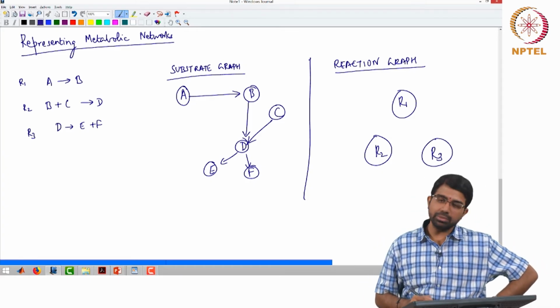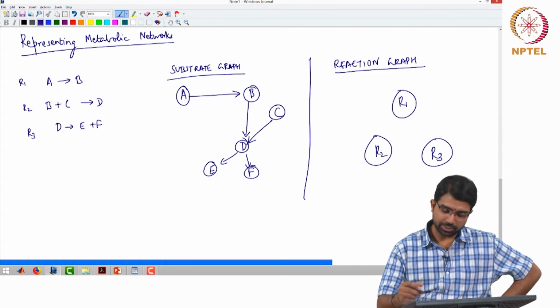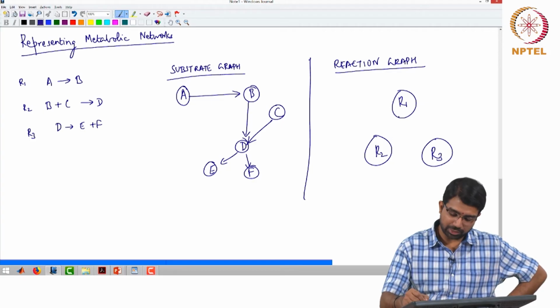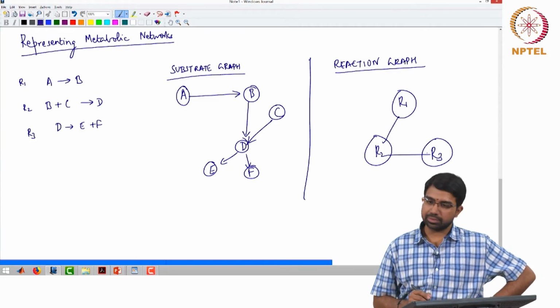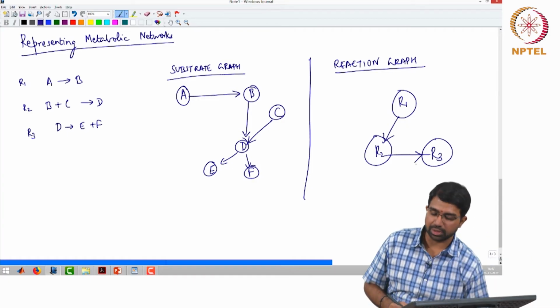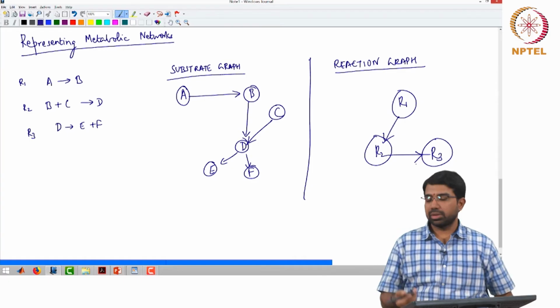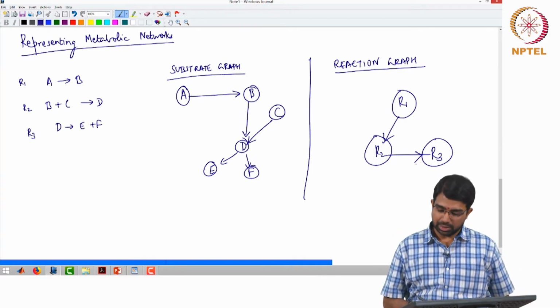When do you connect them? If they can operate consecutively. So, after R1 you can have R2 and after R2 you can have R3. There is a notion of direction again, but again you see it is very limited in the information.